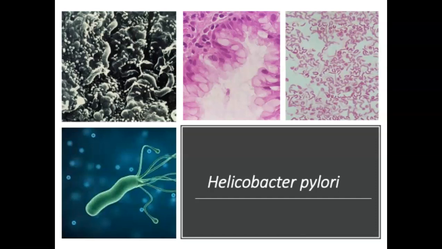In fact, this is the organism that in recent years has been discovered to be the cause of many gastrointestinal ulcers. So when a person is now discovered to have an ulcer in their gastrointestinal tract, sometimes they will have a biopsy taken of that ulcerated area looking for this organism.